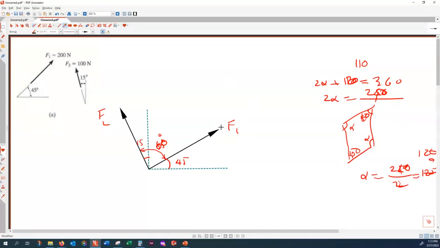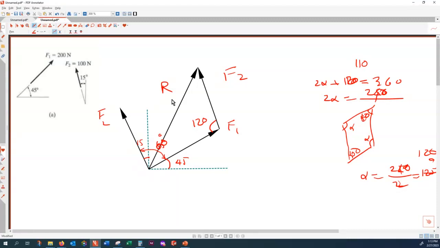So if I bring that force like so, that is F2. And now from tail of the first one to the head of the second one, that is R. But this angle we calculated to be 120, right?